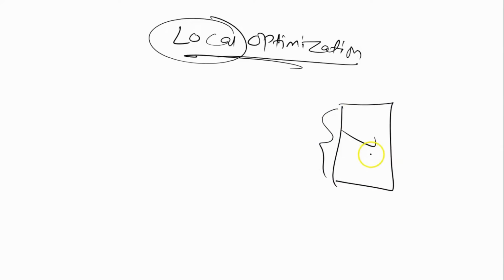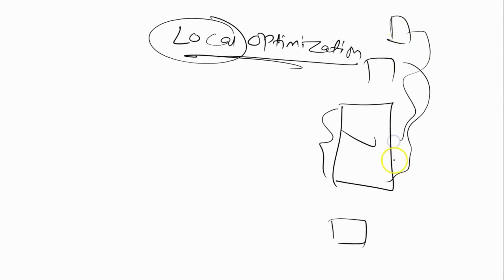This is called local optimization. What is global optimization? If you do some optimization between these blocks, then that is called global optimization. In our GATE syllabus we have local optimization.